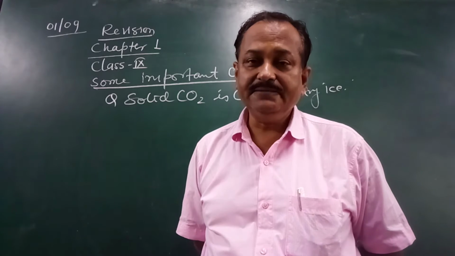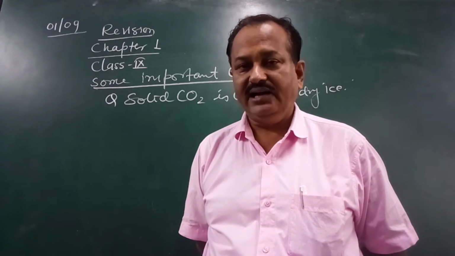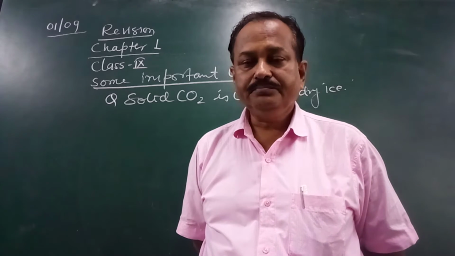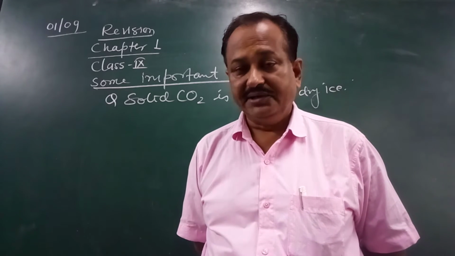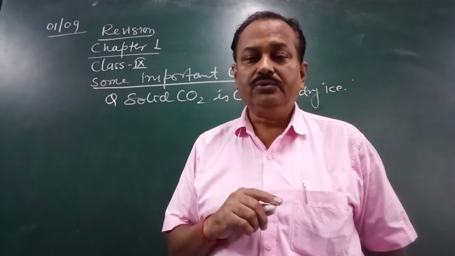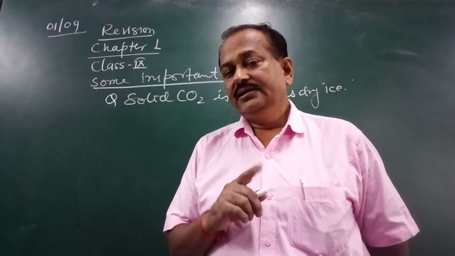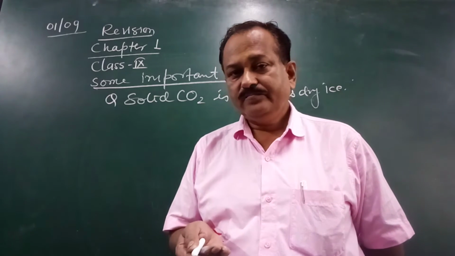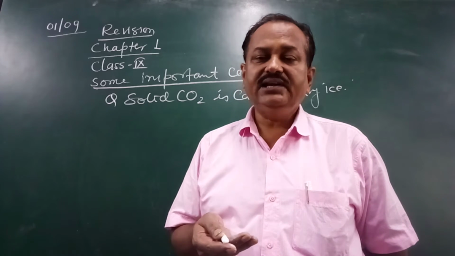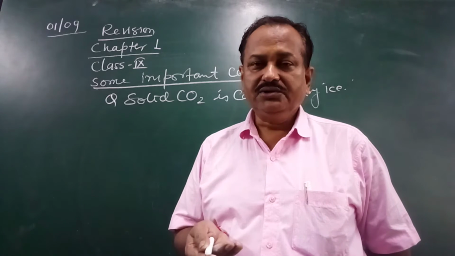Once again, in case of solid carbon dioxide, which is called dry ice, there is very poor force of attraction between the molecules, or we can say the intermolecular forces are very low, and at room temperature the molecules are directly converted into gas without going to liquid state.